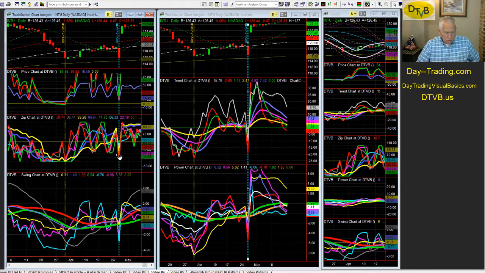On the day before the vertical cyan line, zip red was at 70, and on the day before the gap up, zip red was at 5. And so it dropped 65 points. Again, you've probably heard me talk about the different levels, when zip red drops 50, or when zip red drops 70, or when zip red drops in the 85 to 90 range, maybe 82 to 90 range.